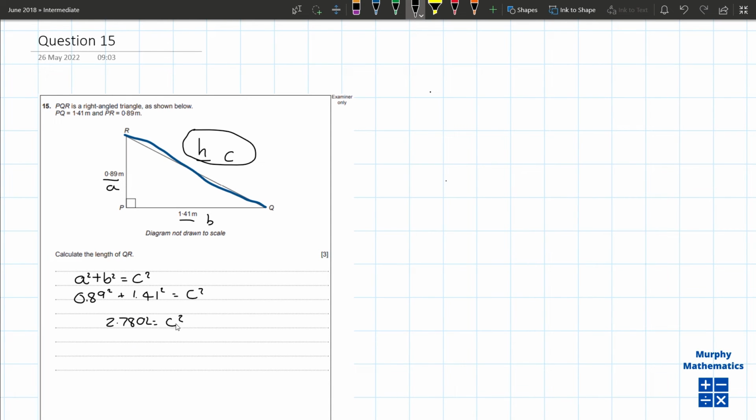I want to find out what c is, not c squared, so I square root both sides. So the square root of 2.7802 equals c. Putting that into a calculator, I get 1.6674. I'm just going to leave that at one decimal place as 1.7. So QR equals 1.7 meters.